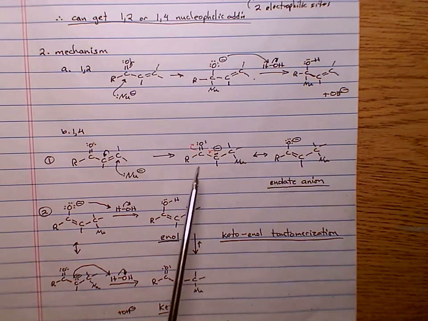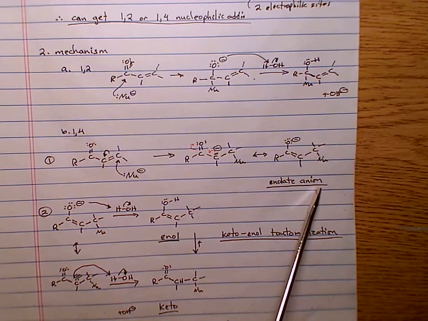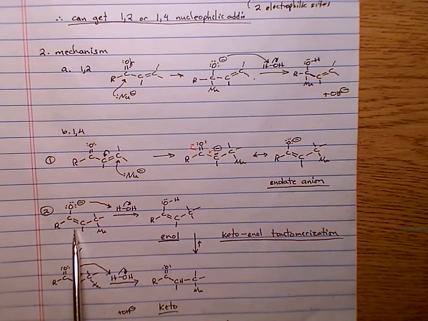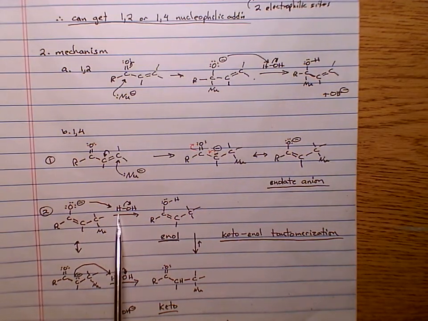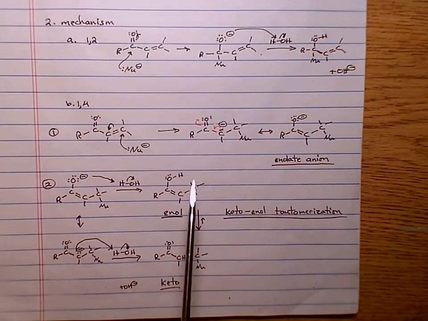Now, here's the fun part. This is what we call the enolate anion. This beast here, enolate anion, just like before up here, will accept a hydrogen, a proton, from the aqueous workup to become this beast. And we have seen this beast before.